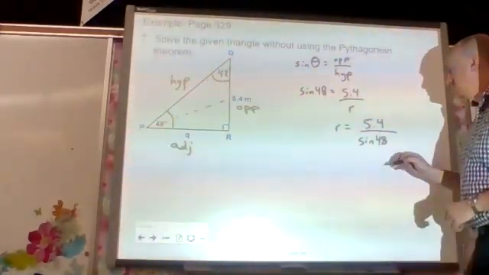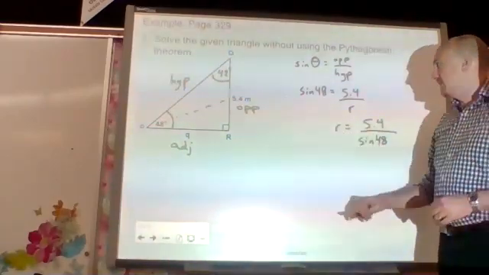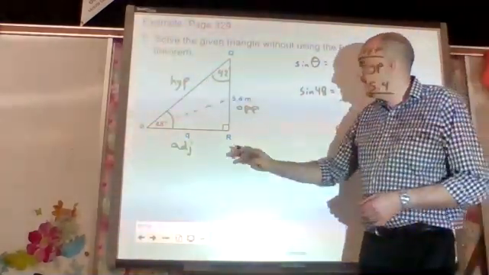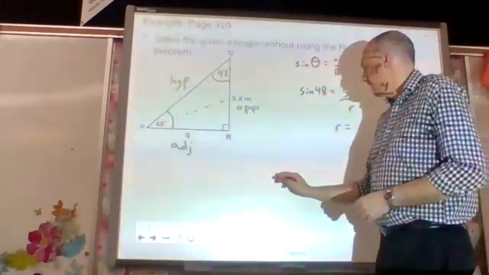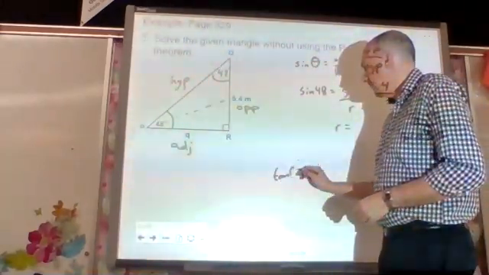And I'm actually going to hold off. I'm going to set up the next one as well. And then here, opposite and adjacent. That's tan theta.